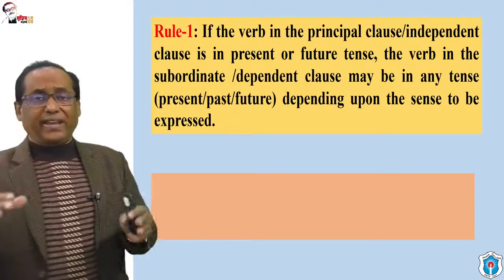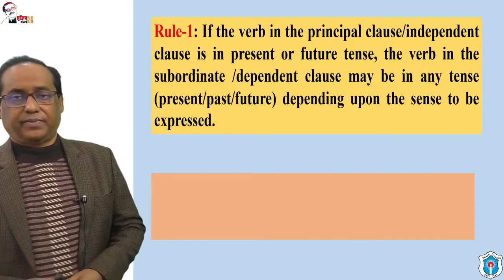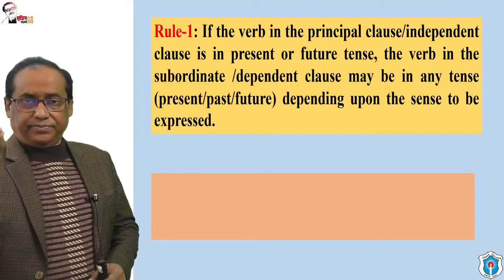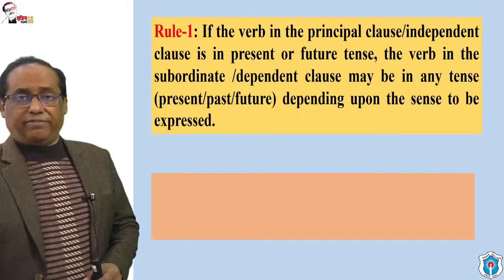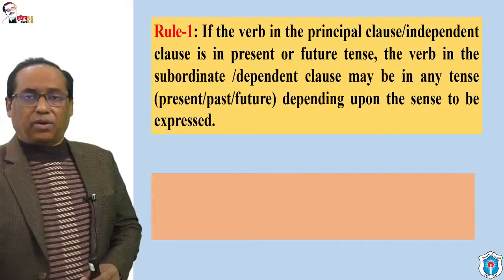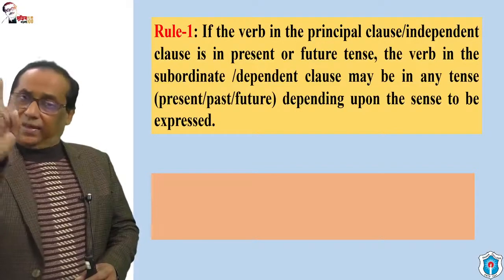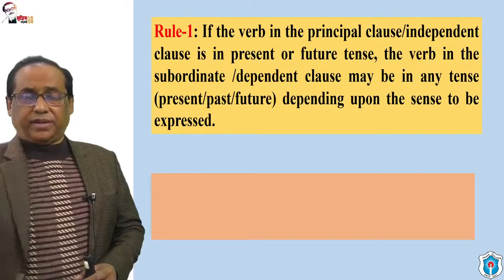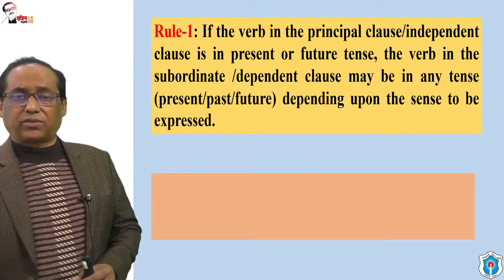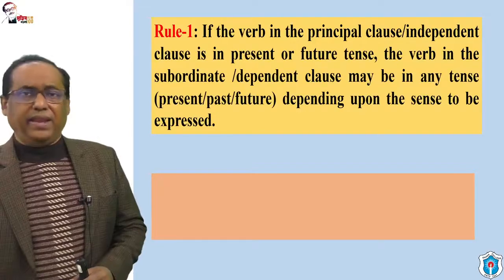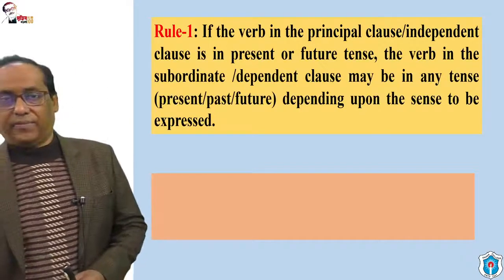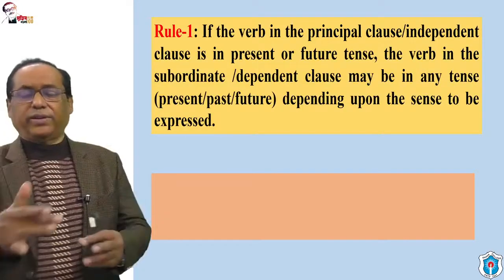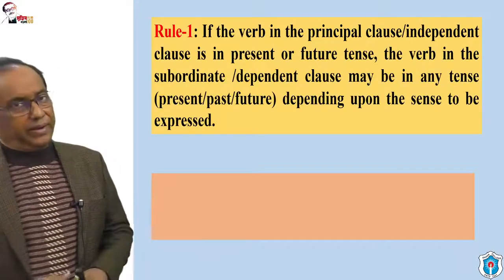What do I really mean by it? By this, I want to say that if the verb in the principal clause is in either present tense or future tense, the verb in the subordinate clause may be in any kind of tense, either present tense or future tense or past tense, according to sense or meaning.